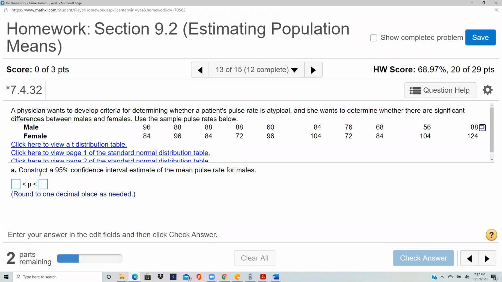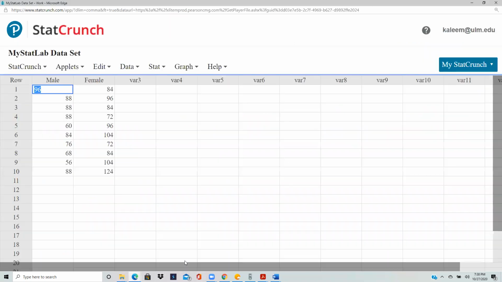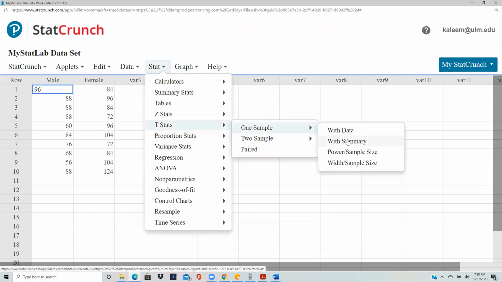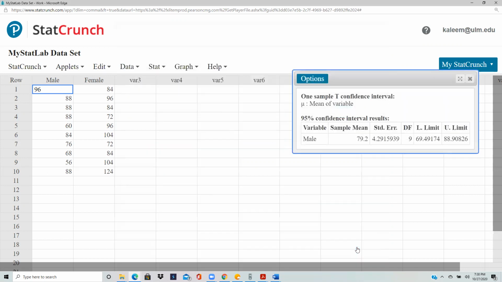They say first construct a 95% confidence interval for the mean pulse rate of males. So the first part is about the males, a 95% interval for males. So what you will do is, when you do stats, t-stats, one sample with data, you only select the male column. And 95%, compute.